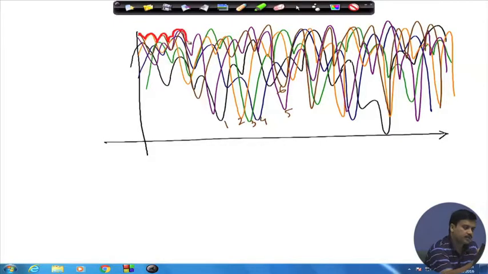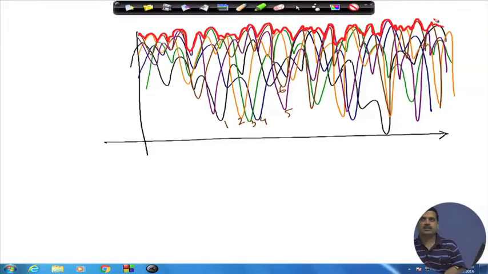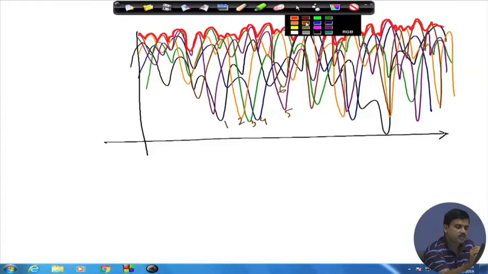So I trace the peak of it. This is a random imagination. Again, what we see is that if I take more and more branches, this becomes more and more stable.